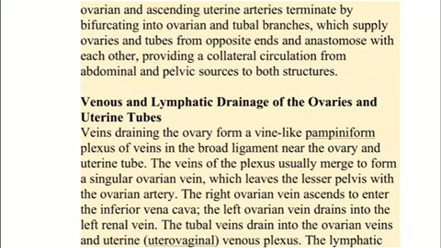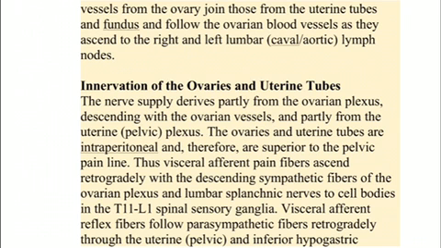Innervation of the ovaries and uterine tubes is derived from the ovarian plexuses descending with the ovarian blood vessels. Innervation also comes from the uterine or pelvic plexus. The ovaries and uterine tubes are intraperitoneal and thus they are superior to the pelvic pain line.